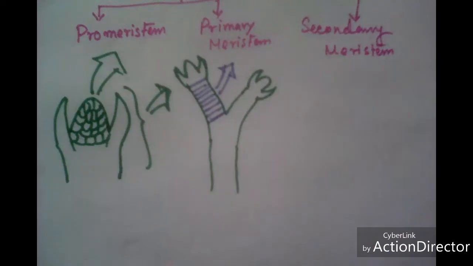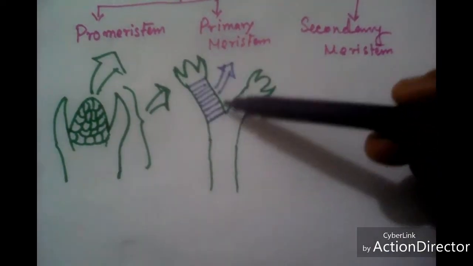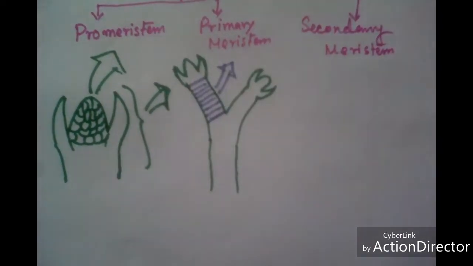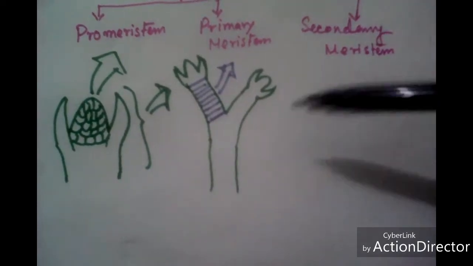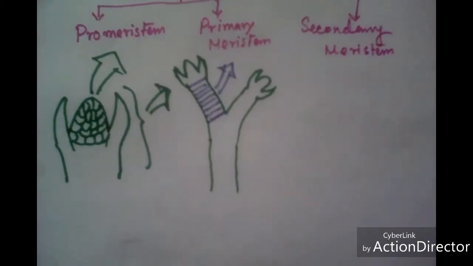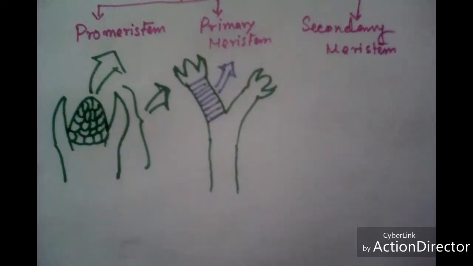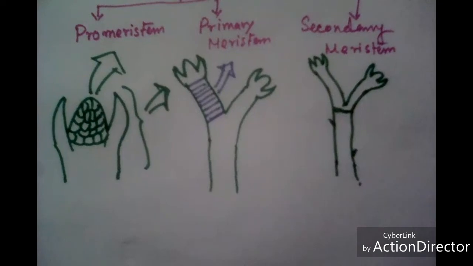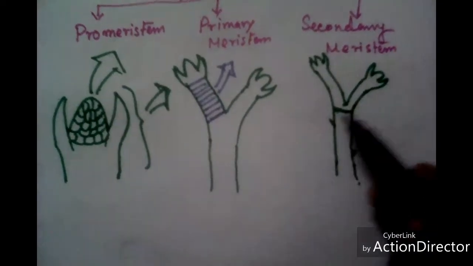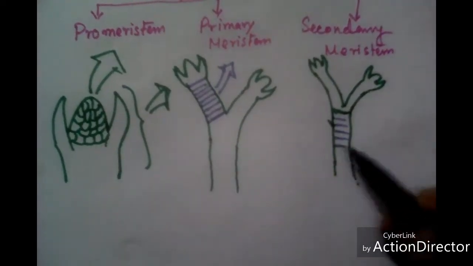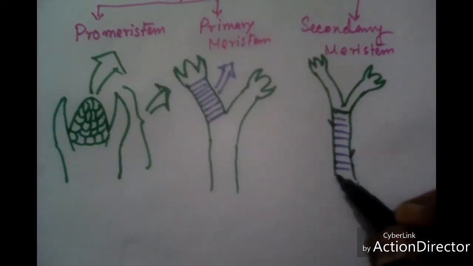And we know this portion is very weak, because secondary vascular bundle is not present in this portion, and the primary meristematic tissue later transforms into secondary meristem or secondary meristematic tissue, and the secondary meristematic zone is present beneath the primary meristematic zone.